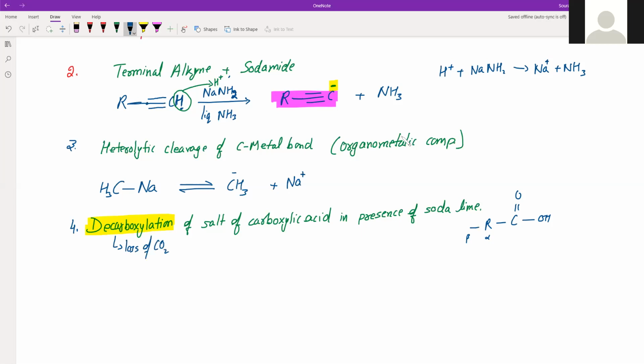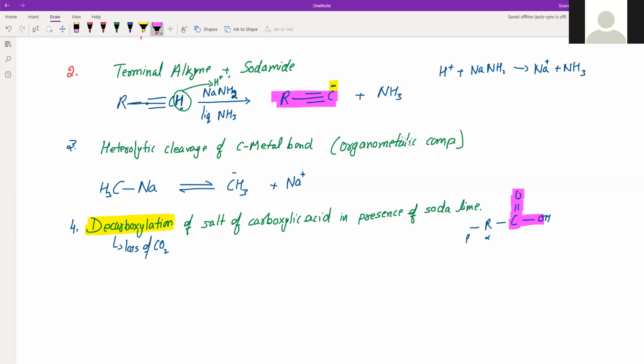Where is CO2? CO2 is here. So this gets removed, and when this gets removed, this particular R will have a negative charge.